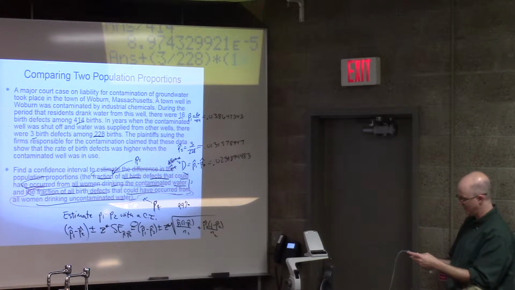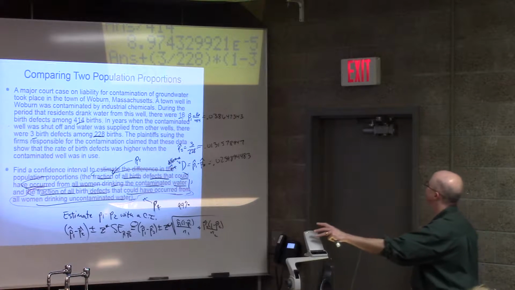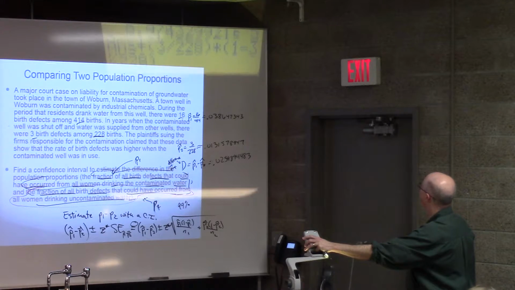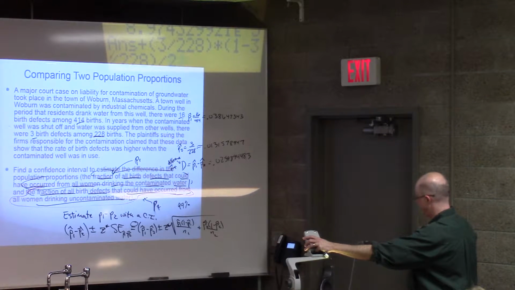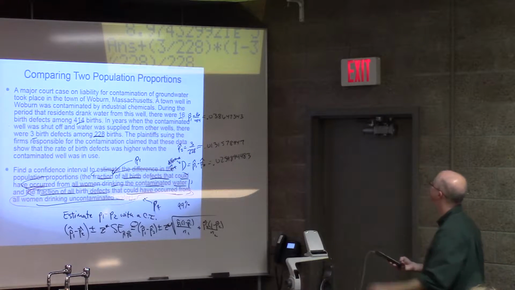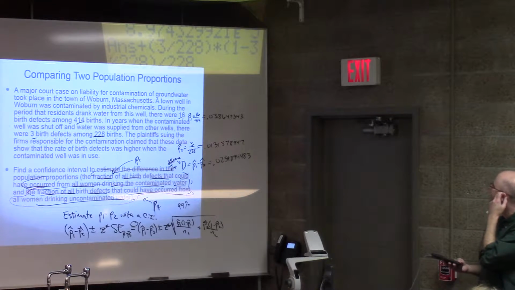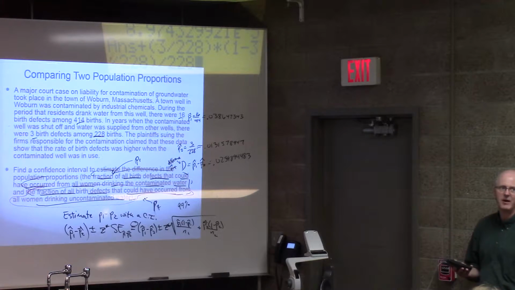Times 1 minus 3 divided by 228, all divided by 228. That should work. That really does divide the entire product by 228, even though it looks like I'm only dividing the second thing by 228. This should work if it does order of operations correctly, as it should.